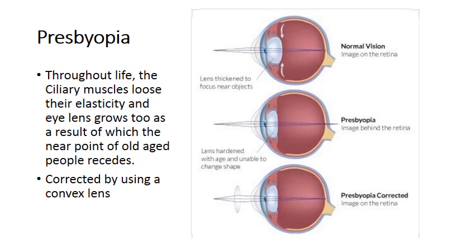It is basically a hypermetropia that occurs in old aged people, in which they are not able to see nearby objects clearly, because the focal length of the eye lens cannot be adjusted by the ciliary muscles, because they have lost their elasticity with age. But a presbyopic eye can clearly see the far off objects. This defect is again corrected by using a convex lens.